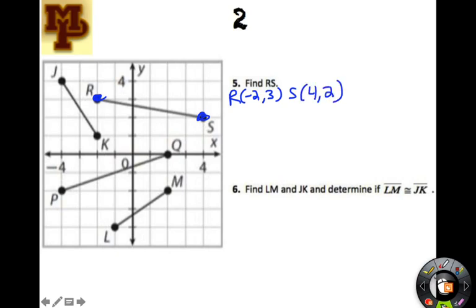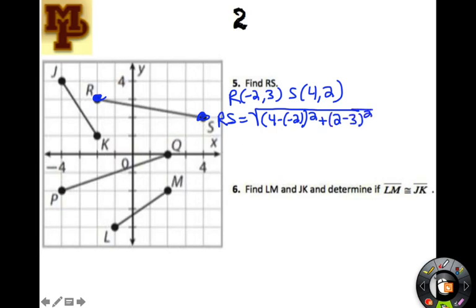Alright, so if we want to find length RS, then it's a big ol' square root, and we're going to subtract the x's, so it's going to be 4 minus a -2 squared plus, then we're going to do 2 minus 3 squared.